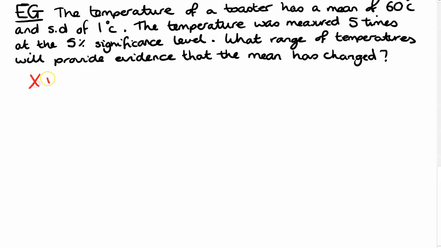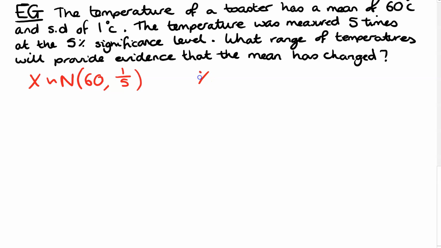So X is distributed normally with a mean of 60 and a standard deviation of 1. The temperature was measured 5 times. So my variance is 1 over 5. At the 5% significance level, what range of temperatures will provide evidence that the mean has changed?